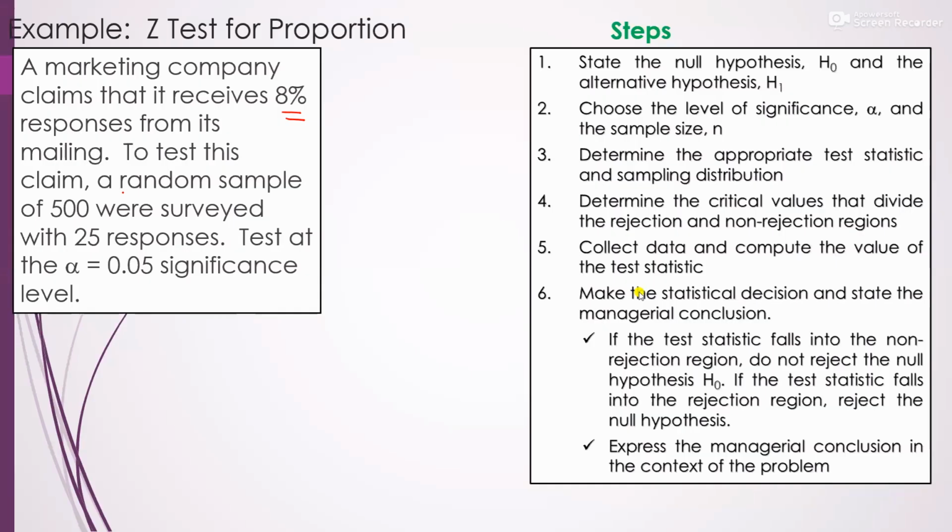To test this claim, whether it is still 8% or not, a random sample of 500 was surveyed, with 25 responses. For the sample of 500 mails they sent, they received only 25 responses. Test at alpha equal to 0.05.